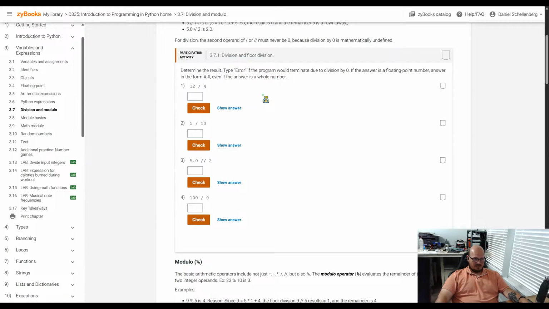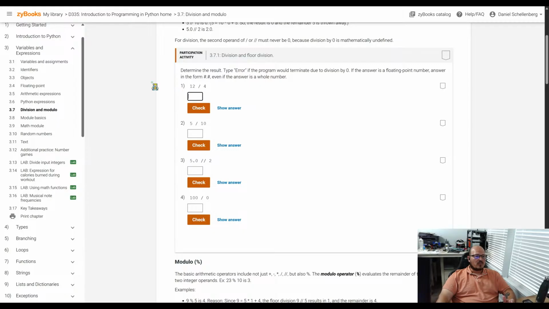Oh, it's saying type error. I was thinking like type, as in what is that? Type error if the program would terminate due to dividing by 0. And then if the answer is a floating point number, answer in the form of pound point pound, even if the answer is a whole number.